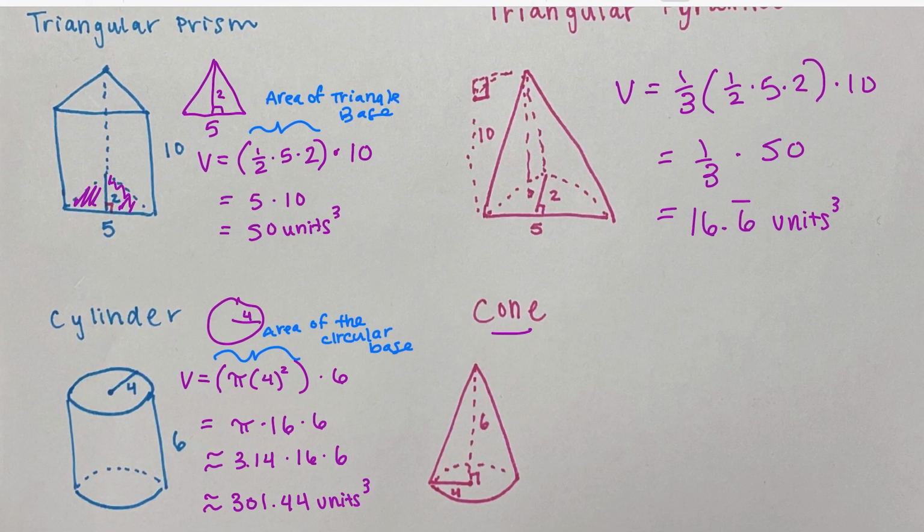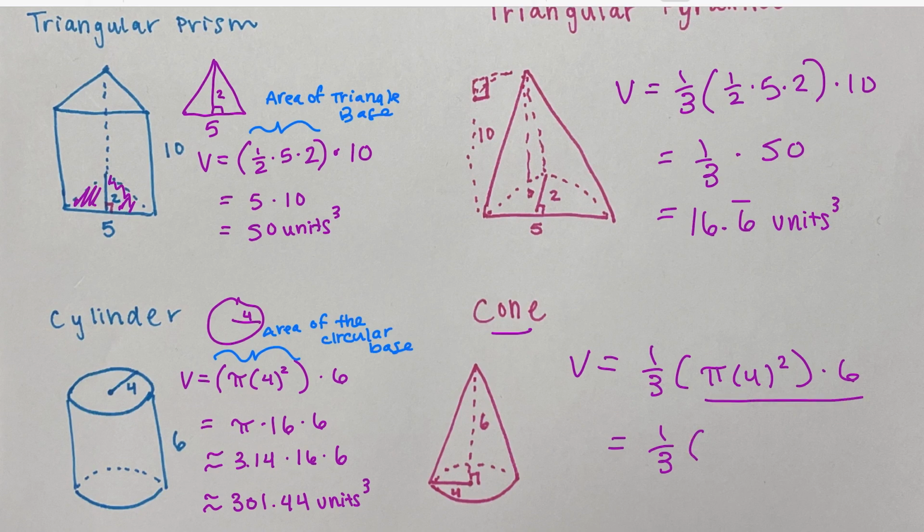And then finally we've got a cone. Again, they have the same base and the same height. So the volume is 1/3 the area of the base, pi times 4 squared, times the height of the cone, which is 6. We already figured out this part here. That becomes 301.44. Actually, this should be approximately, because we figured this out using 3.14 for pi, which is approximate.